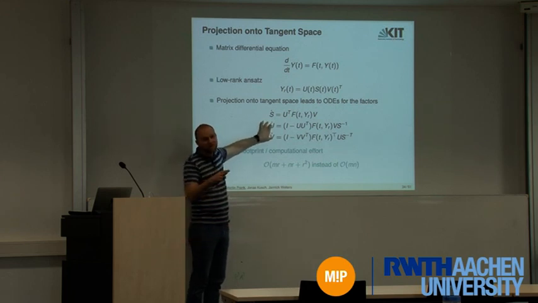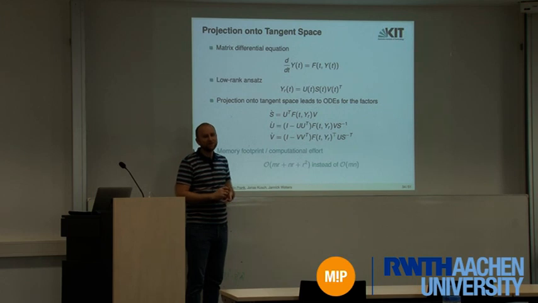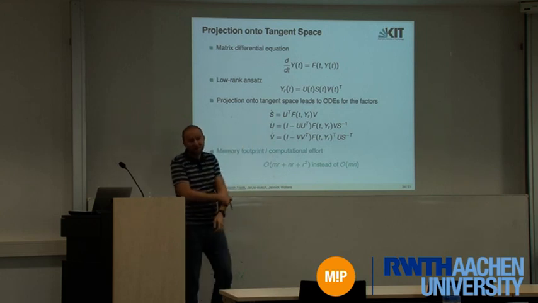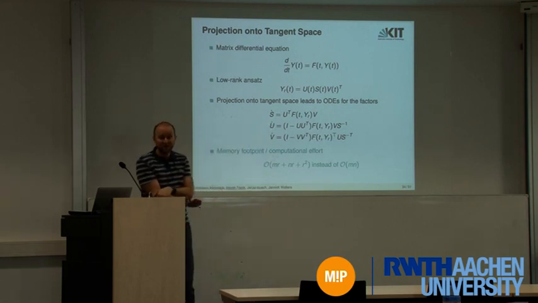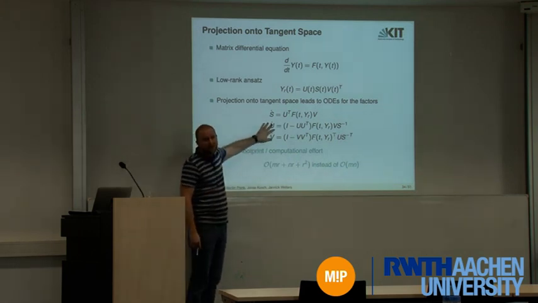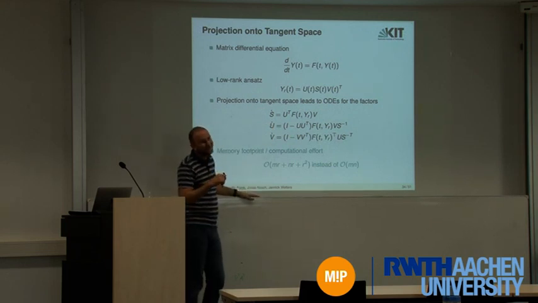I start with some bases, and the system itself, over time, will select the best bases in which to describe my solution. That's kind of cool. So I don't have to do this by an SVD or something like this. I might have to do this in the beginning to start with an optimal basis, but then it just evolves them, it keeps them in the optimal basis. It's not going to be true in the end, but for now it's true.